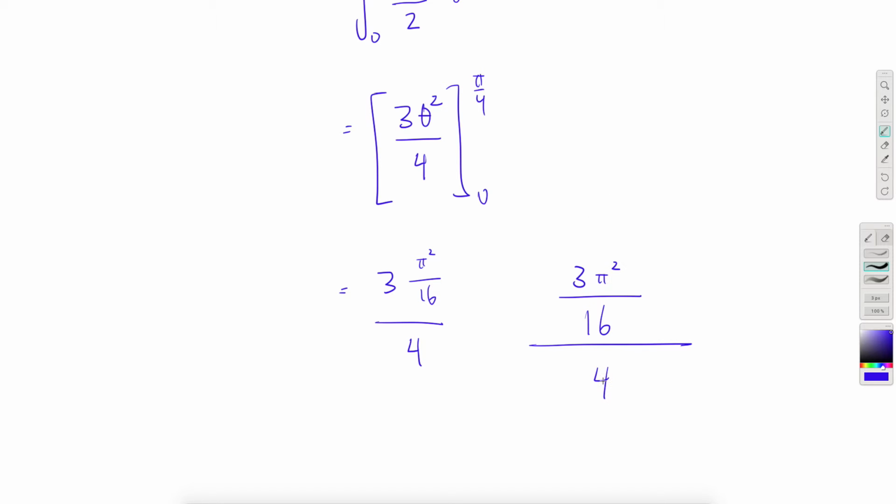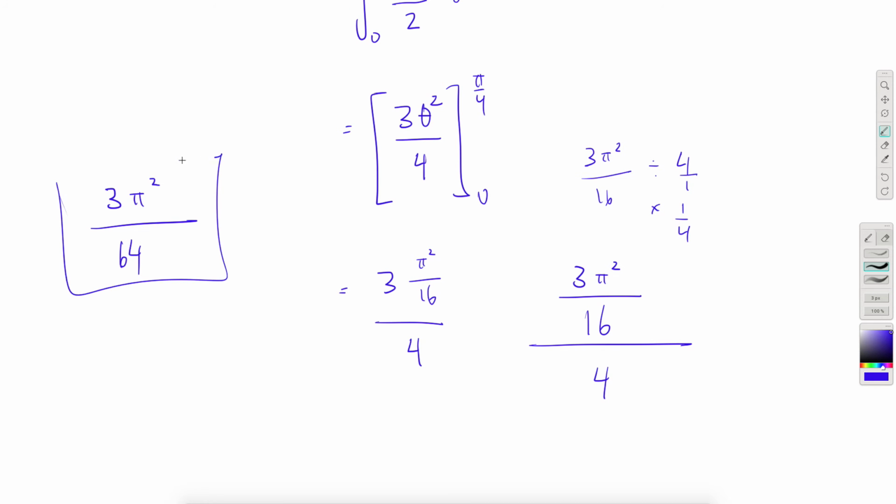Yeah, you're just going to times that 4 by 16 because this is the same as just going times 1 on 4. You're just flipping it. So the answer is going to be 3 pi squared on 4 times 16, which is 64. I don't know. Let's see if that's the answer.